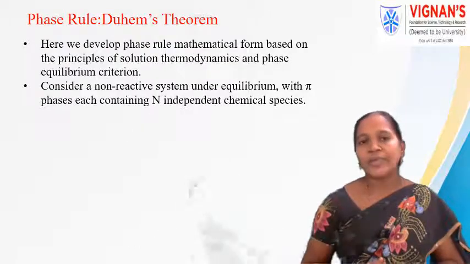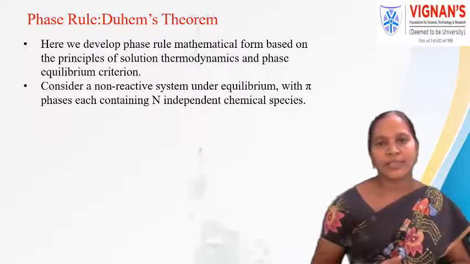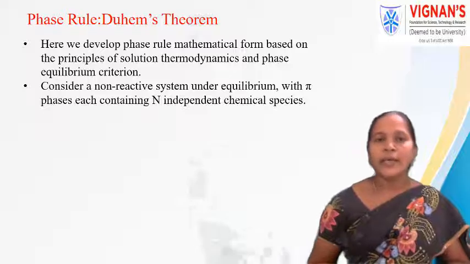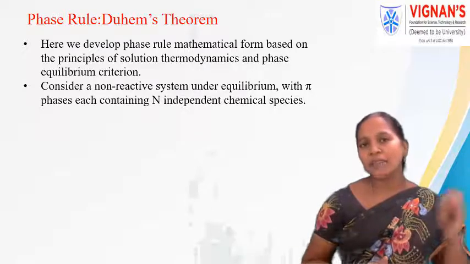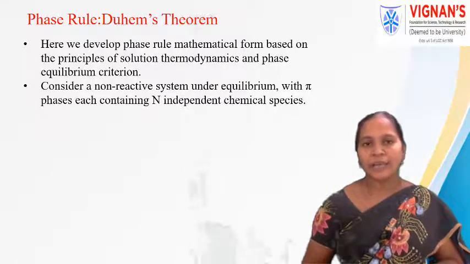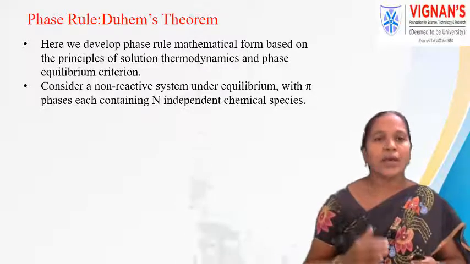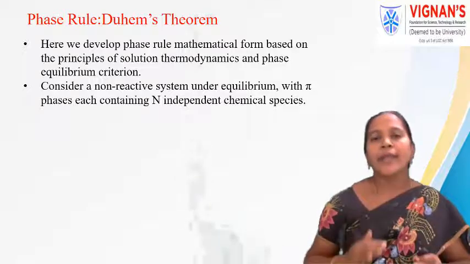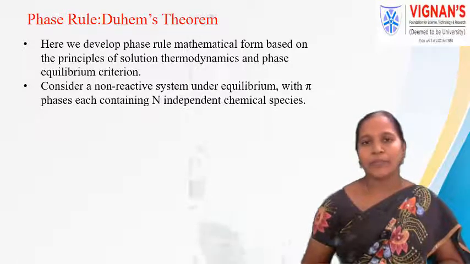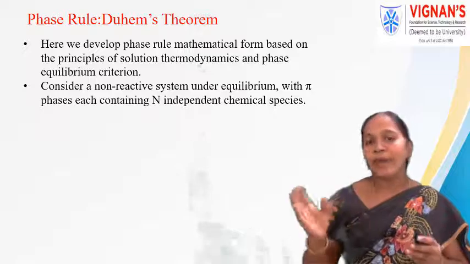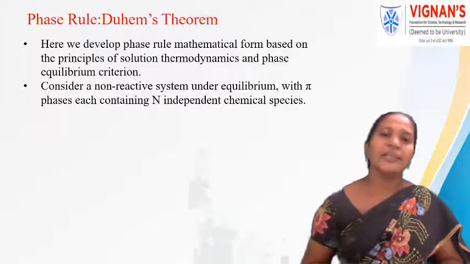Now coming to the phase rule, Duhem's theorem. We learned about the phase rule in CET1, which was theoretical only. Here we have to develop the phase rule in mathematical form based on the principles of solution thermodynamics and phase equilibrium criteria. In this one, we consider a non-reactive system at equilibrium, which contains pi number of phases, each phase containing N independent chemical species.